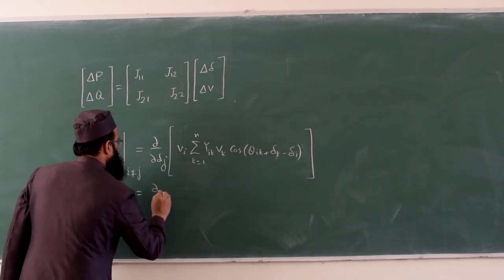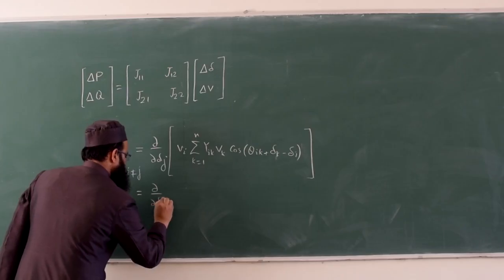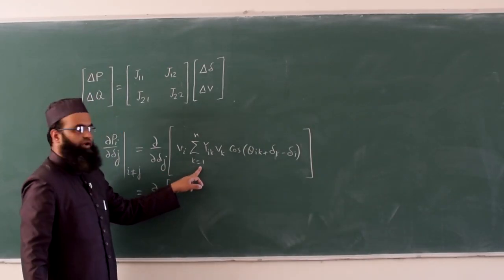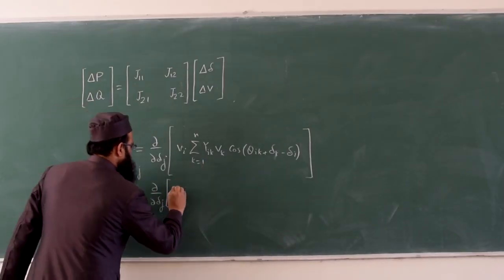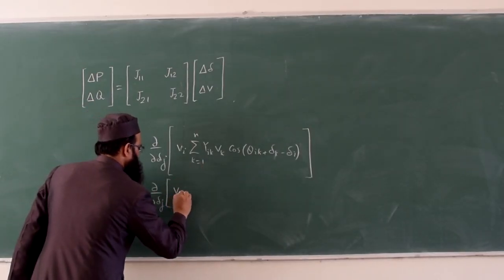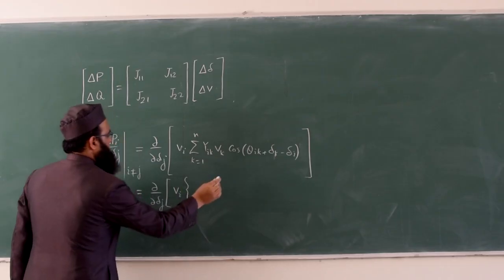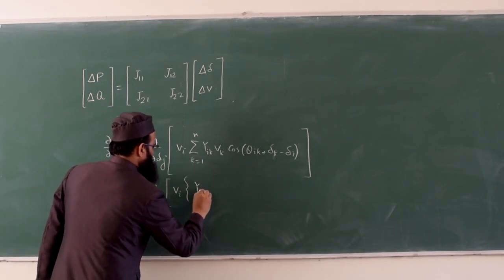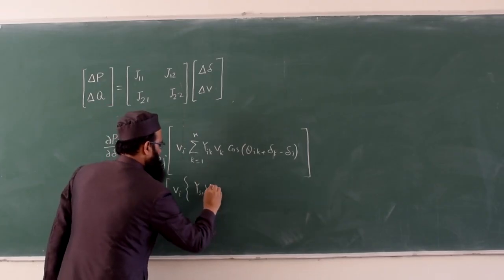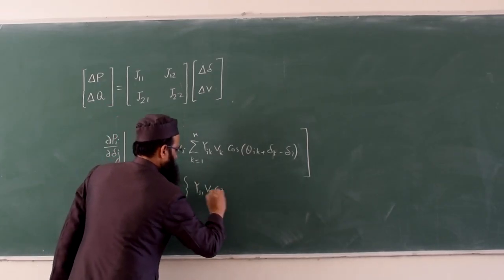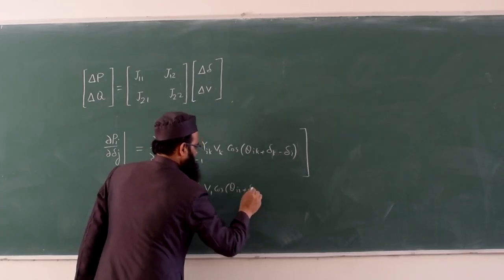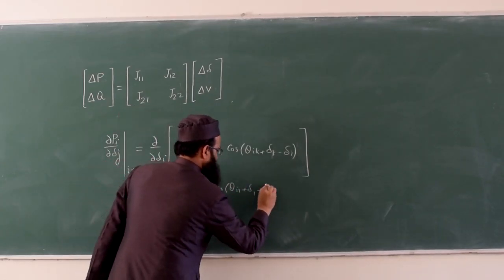This further can be written as del upon del delta j. Take the first term, corresponding to k equal to 1. Take Vi, Vi is constant for delta j, together, and the first term will be Yi1 V1 cosine of theta i1 plus delta 1 minus delta i.